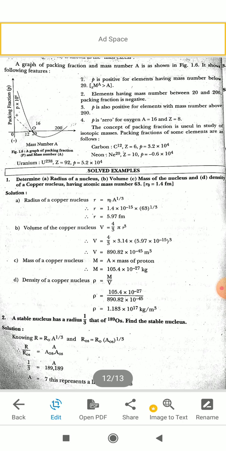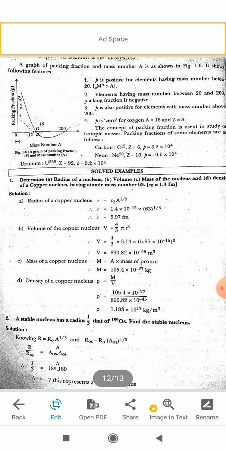We are using the formula R equals R naught A to the power 1/3, the cube root of A. If you take the ratio of R upon R of osmium, that is 1/3, in that case the cube root of A upon the cube root of A of osmium.